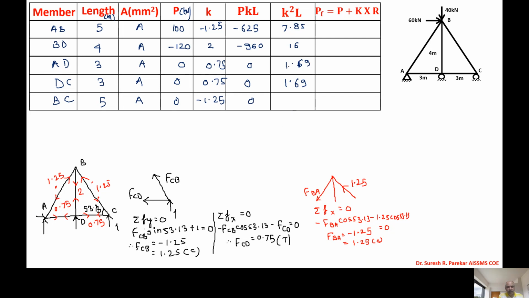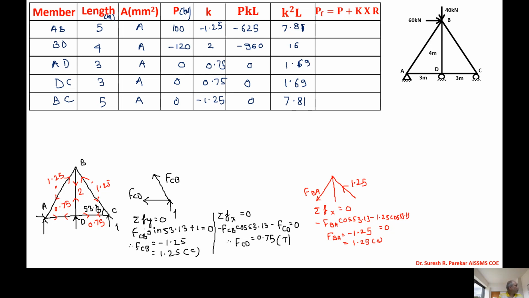K square L is the same as we have for AB, that is 7.81. For AD, DC, it is 1.69, and for BC it is 7.81. So this is 7.81, which is for AB, and the same here because all the data is the same.